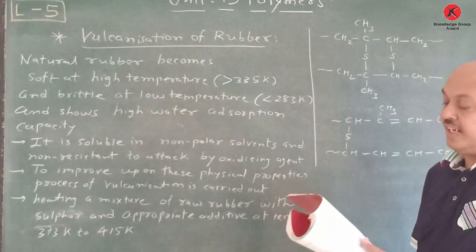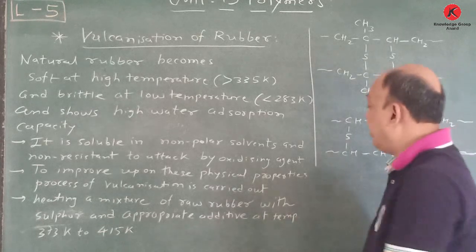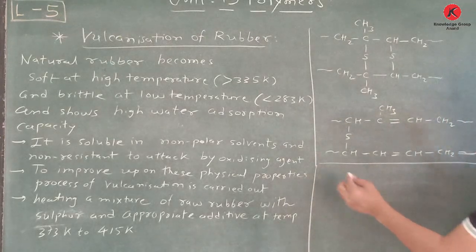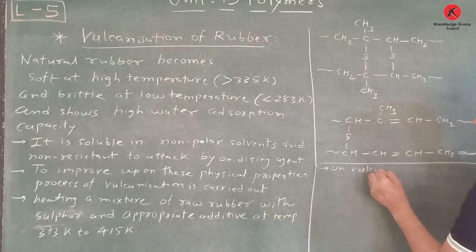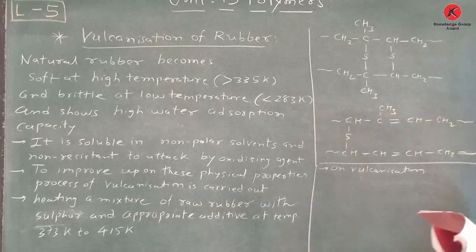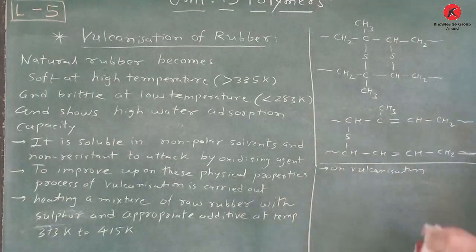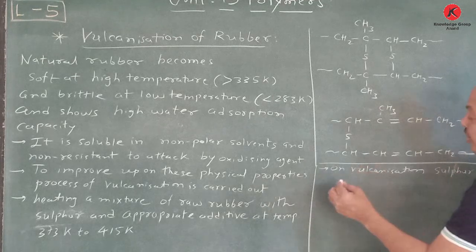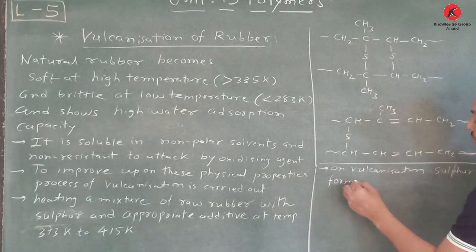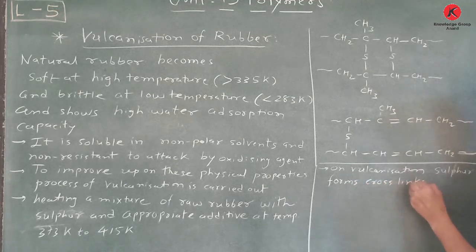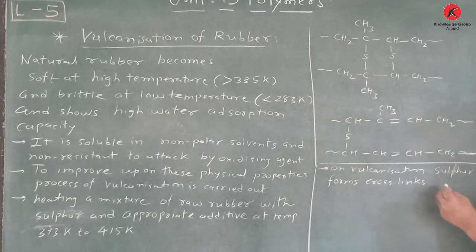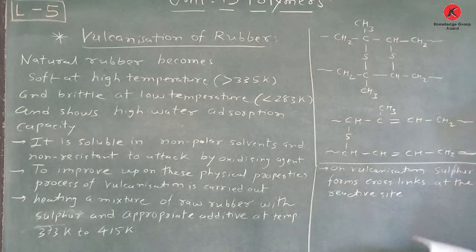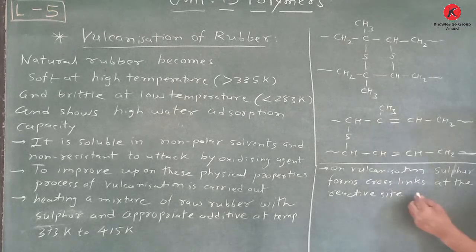Okay, so on vulcanization, sulfur forms cross links at the reactive sites of double bonds.